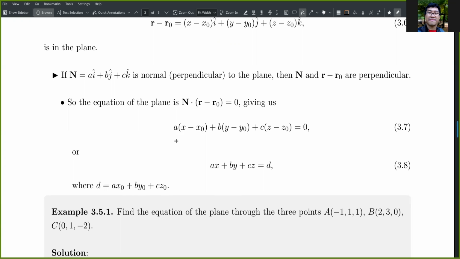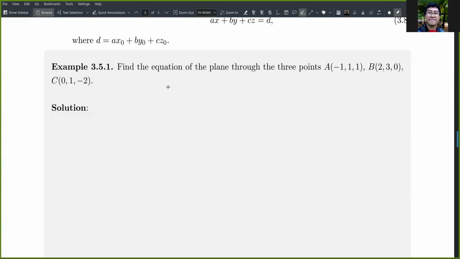This is our equation for the plane. Simplifying, you can write ax plus by plus cz equals d here. So generally, you can use these coefficients a, b, and c as coordinates of a vector perpendicular to this plane.